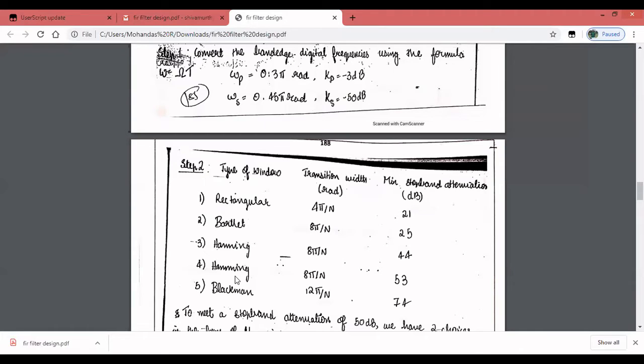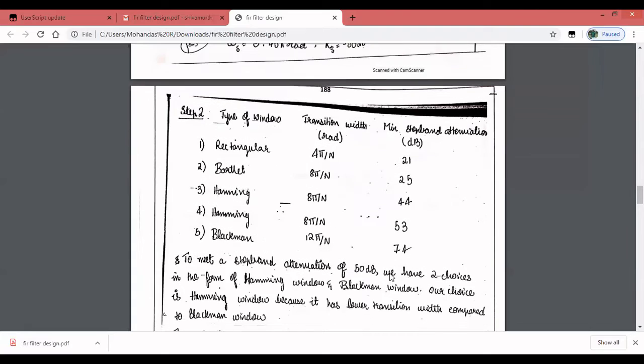Why the Hamming window? Because the transition width is lesser. For the Blackman window it is 12 pi by n, but for the Hamming window it is 8 pi by n. So I will go for the Hamming window for this particular filter.